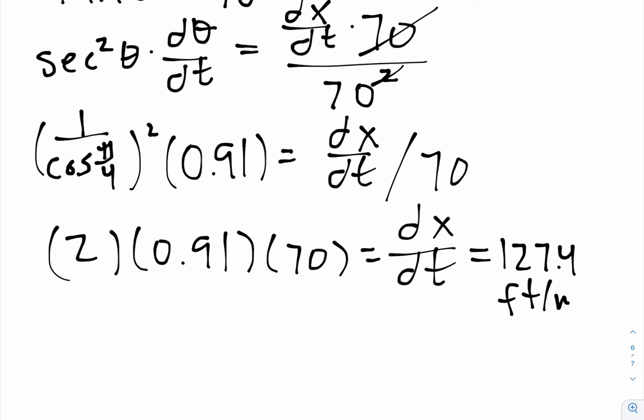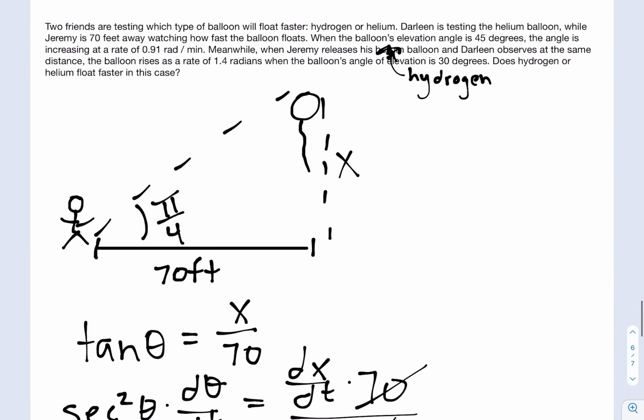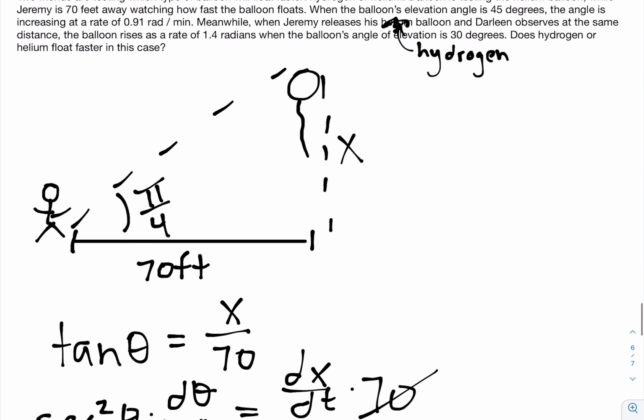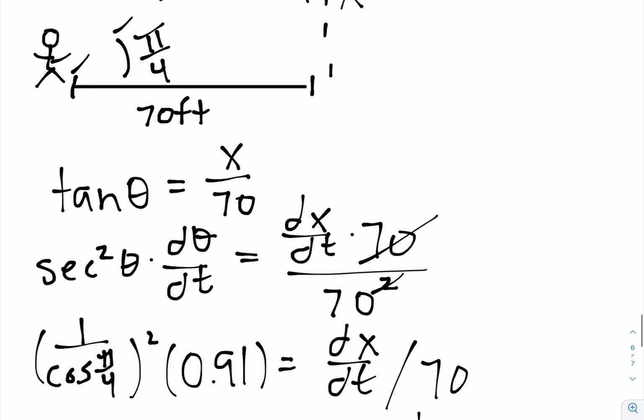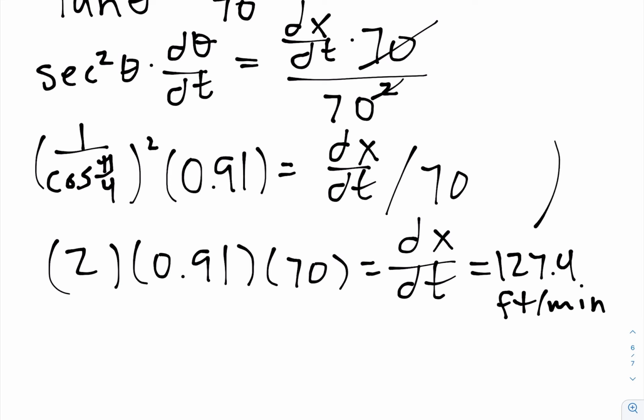So every minute, this balloon's going to rise at 127.4 feet at the instant that the angle of elevation is 45 degrees. Let's keep 127.4 feet per minute. Okay, so this is for Darlene.